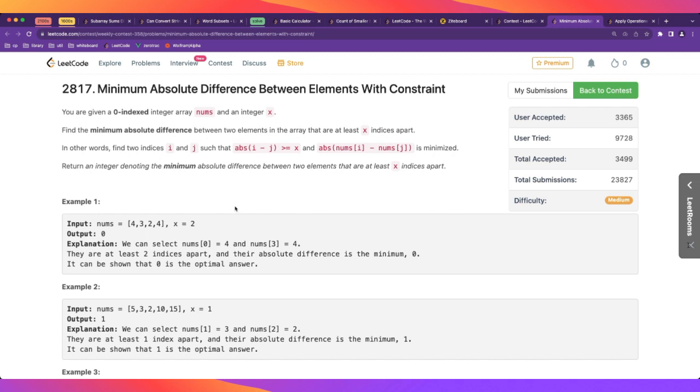And there are two parts to this problem. First is that the distance within the array has to be at least x.